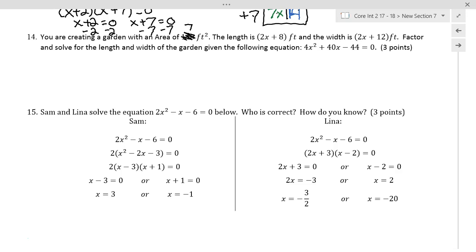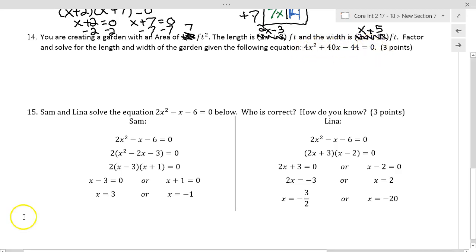The length is going to be 2x - 3, and the width is going to be x + 5. And I'm going to factor and solve for the length and width of the garden given the following equation. Oh, this is fun too.